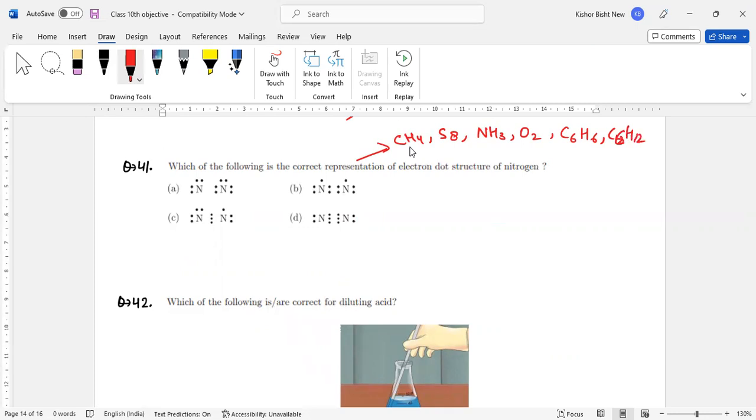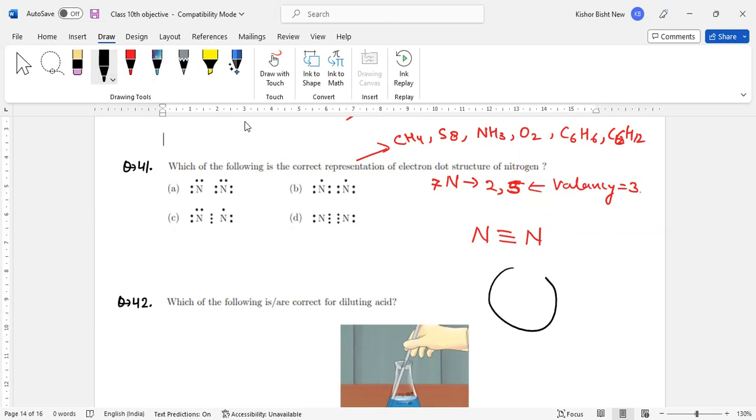Now here they are asking about nitrogen. The atomic number of nitrogen is 7, the first shell contains 2 electrons and the last shell contains 5 electrons, so its valency is 3. It means 2 nitrogen atoms form 3 bonds. Please remember. If you don't know how to make it, I'm telling you the easiest way. Otherwise, there is another method also. So what you do, you make 2 nitrogens like that.